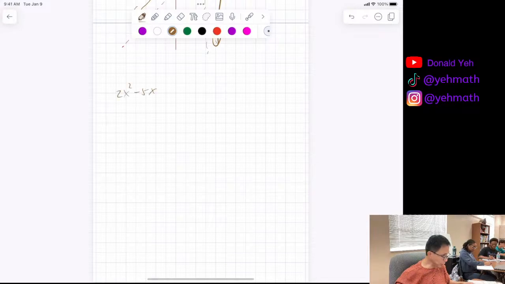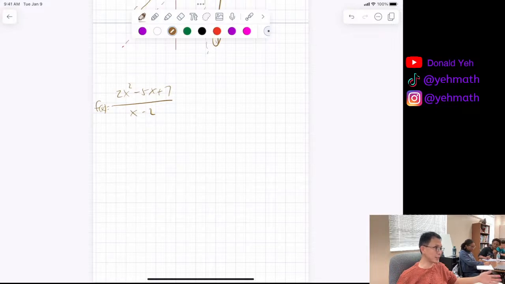But again, if you look at this, Robert's asked a good question here. He says, how do I know there was slant? So how would you tell me there was a slant here? You see that the degree is higher on the numerator? Because if the degree on the top is less than the denominator, you cannot do long division. That's another thing you can tell too. So you should check all the other information.